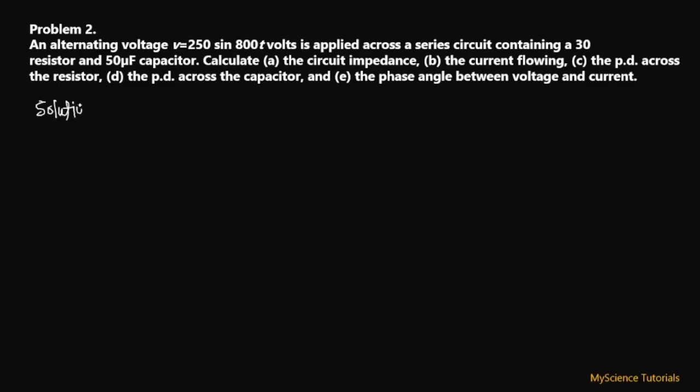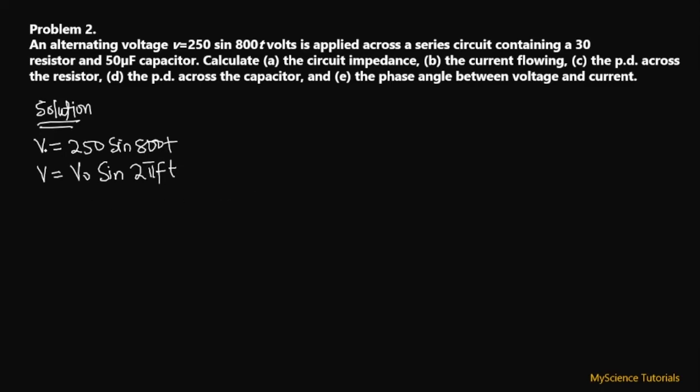Now, solution. So we have an alternating current with voltage. The voltage has been given to us to be 250 sine 800t. Now, this voltage is given to us in a waveform. Now, when we are given the voltage in a waveform, the actual form that this waveform of a voltage is written is V is equal to V naught sine 2 pi ft over here.